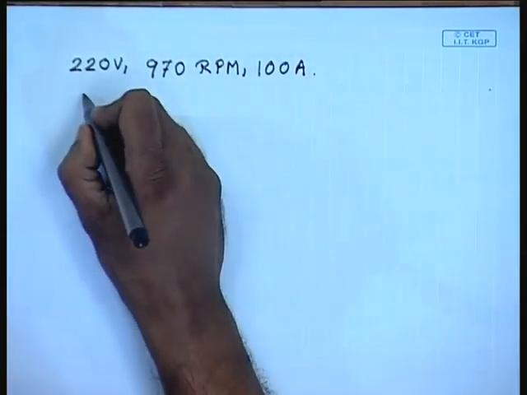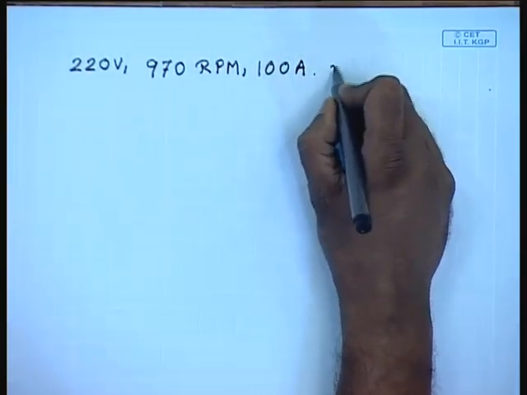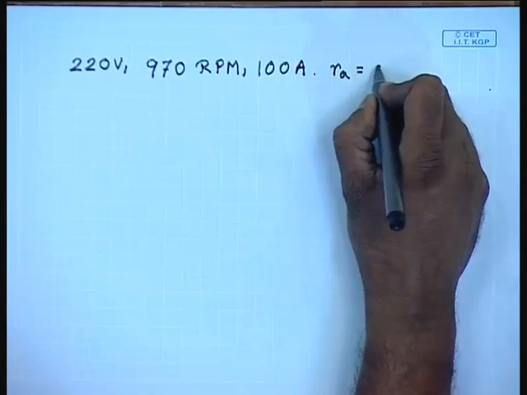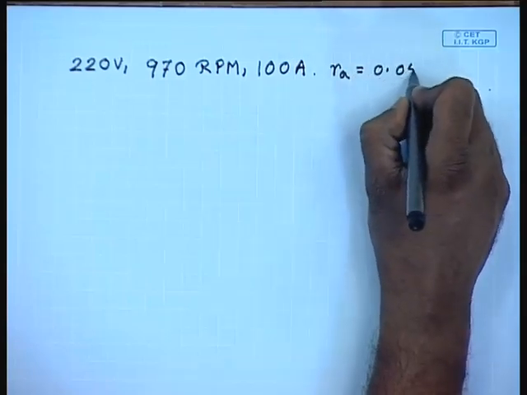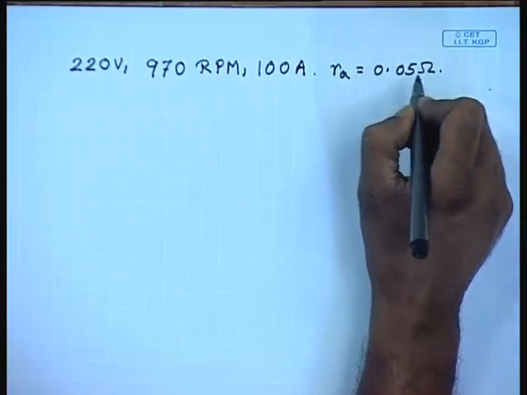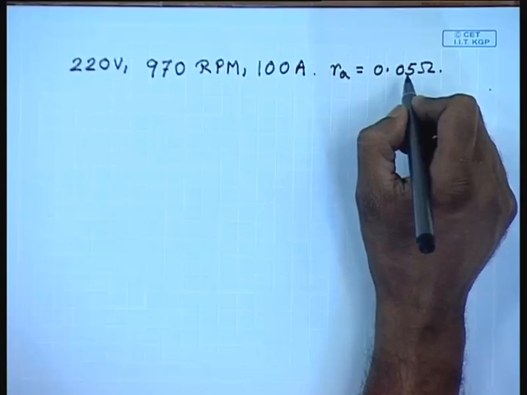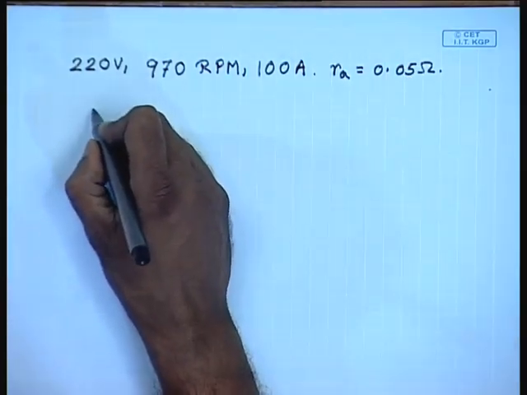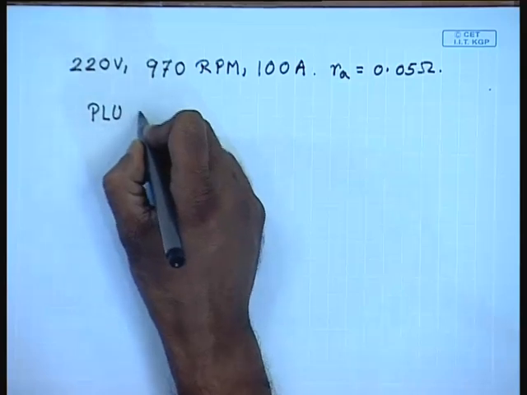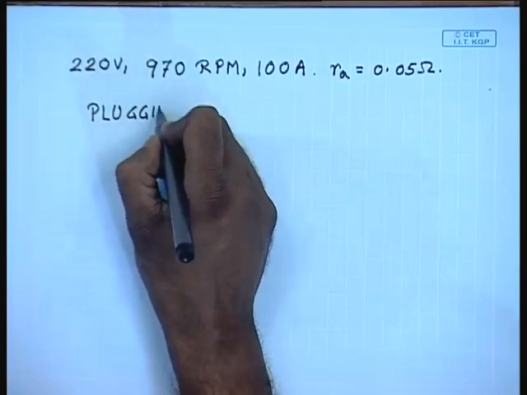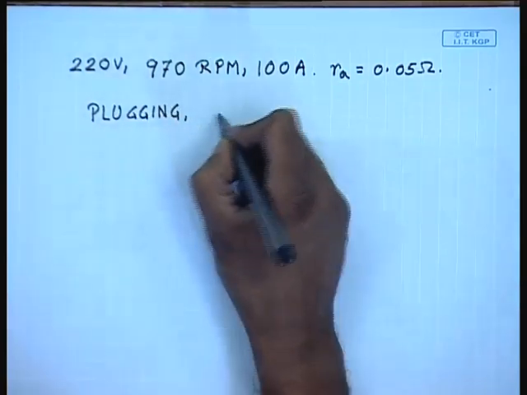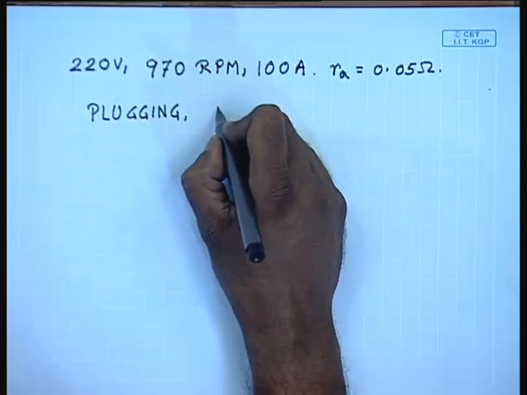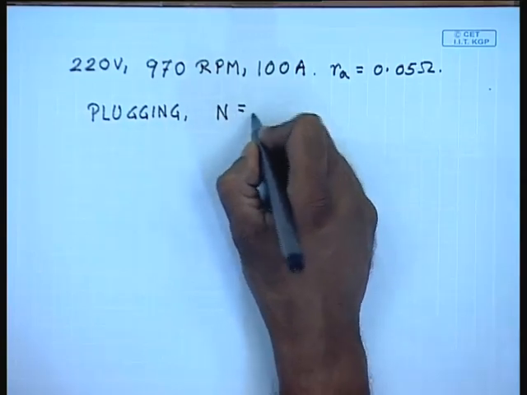The armature resistance R A equal to 0.05 ohm. Suppose we want to brake it by using plugging from an initial speed of 1000 RPM.